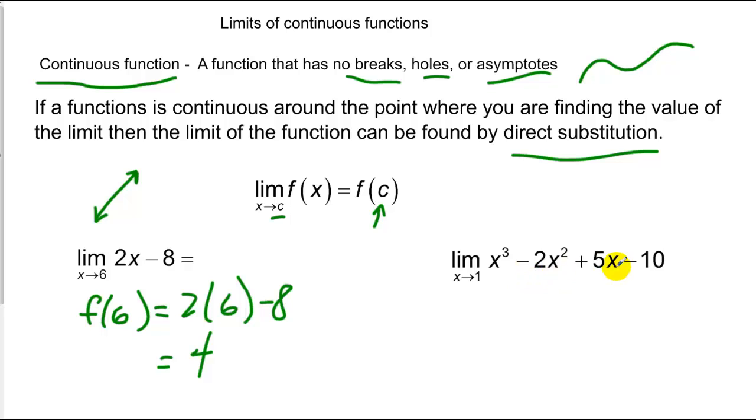Likewise, I have a polynomial function here. It's going to look something similar to this if you know its end behavior. And I can draw that without lifting a pencil. And if I want to find the limit as x approaches 1, all I need to do is find f of 1. So that's plugging 1 in for every x value.